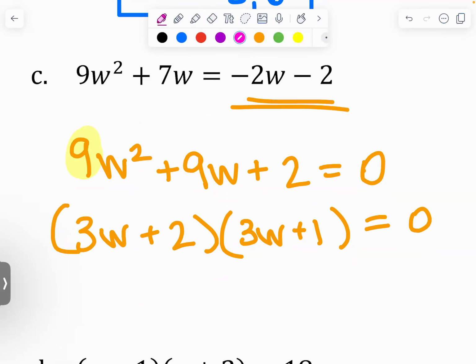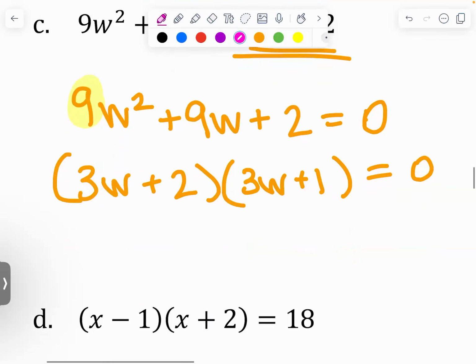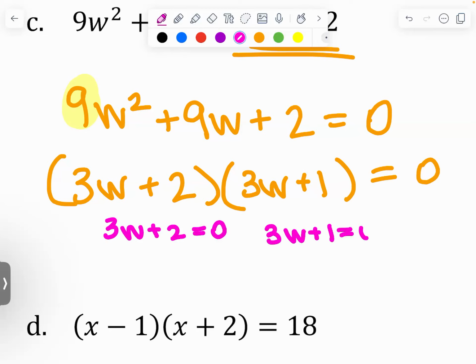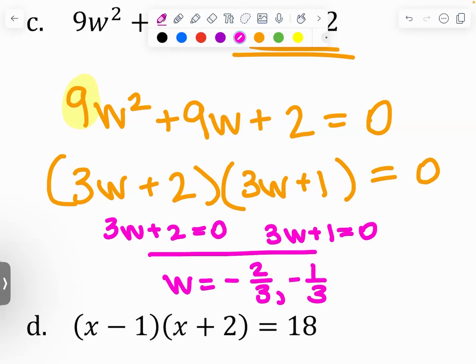So once we get it factored and we're set equal to 0, we can say 3w plus 2 equals 0 and 3w plus 1 equals 0. So when I solve for w, I get negative 2/3 and negative 1/3.